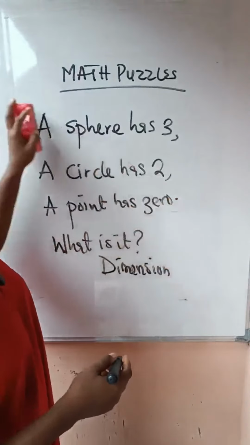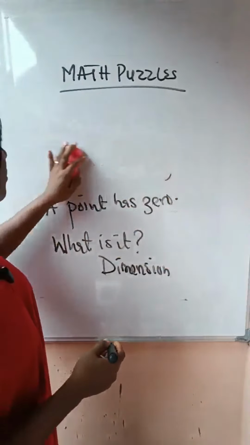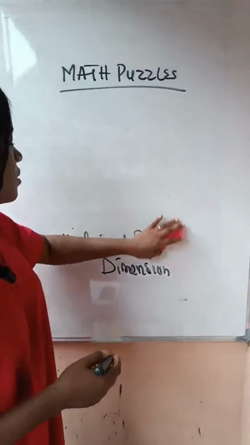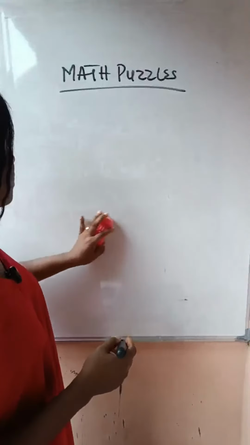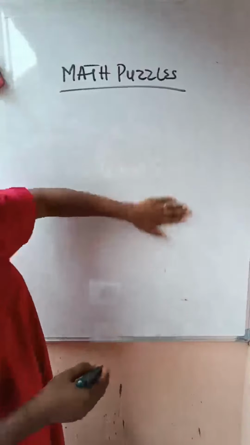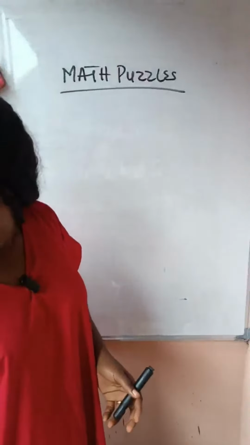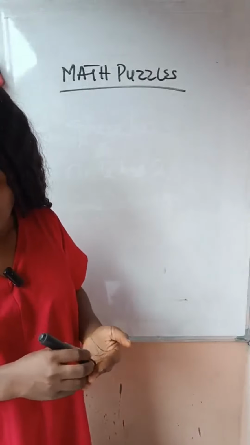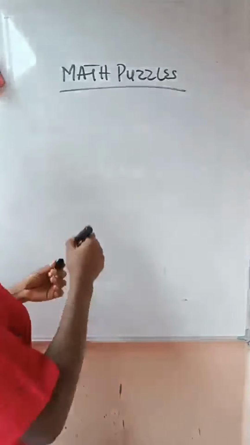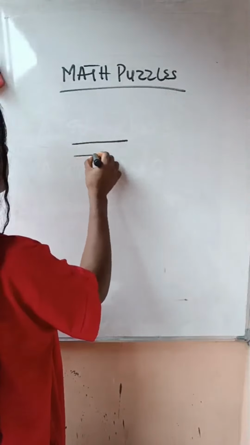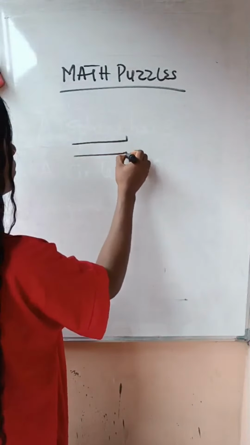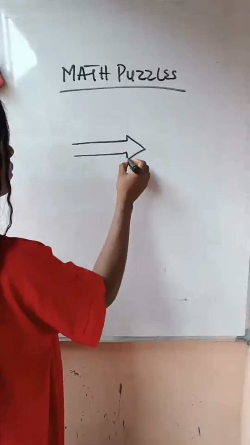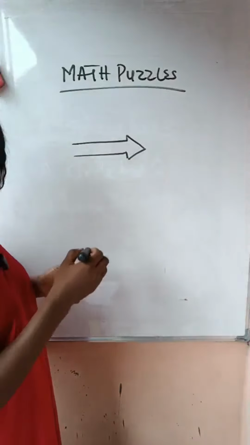That is the truth. So the next question is simple. There are 2 arrows. Add just 2 small lines to get a third arrow of the same size. Now, this is how these 2 arrows are drawn.